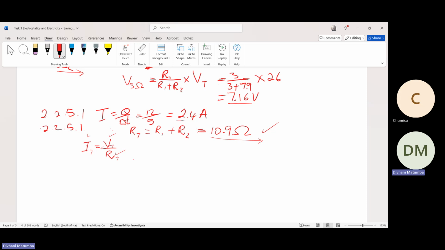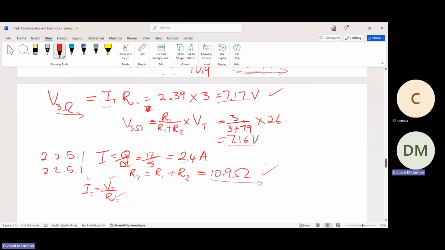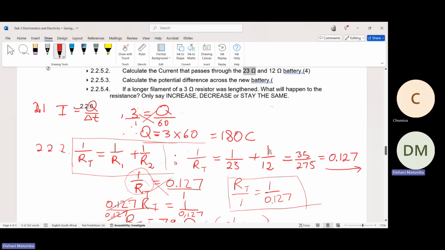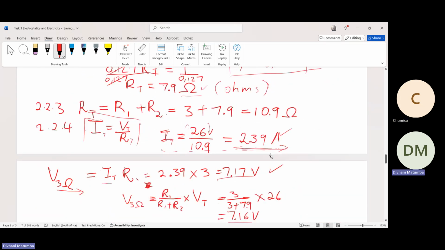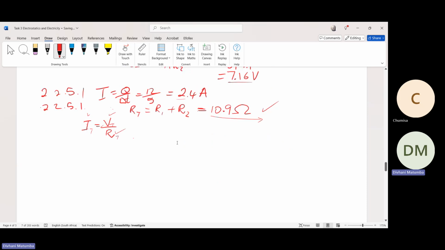Do we know the voltage across the battery? No, we don't, because the battery was replaced. So you must mark these keywords. But do we have the current? Yes, sir. Then if we have the current, it means automatically we will have V. You see where they are tricking you? Yes, sir.